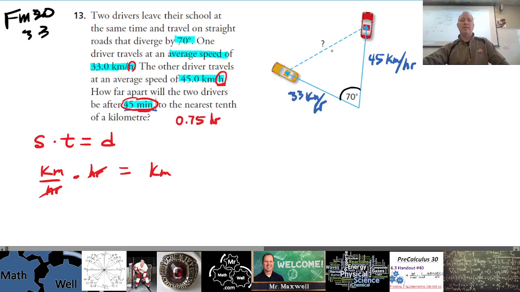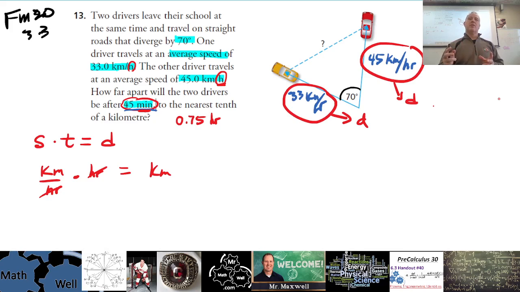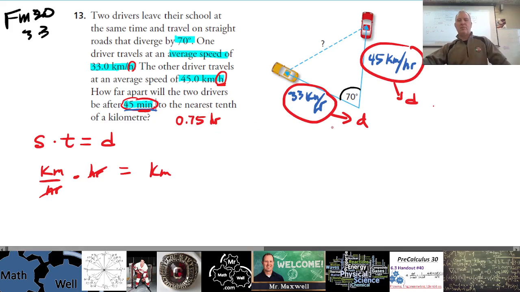We're interested in distances. So I need to change this speed into a distance, and this one too. Again, there's many layers to this problem. Make sure your units line up. Make sure that in a diagram, speed and time combine to make distance, because we're looking for lengths of lines and distances. So that's the second tricky part.